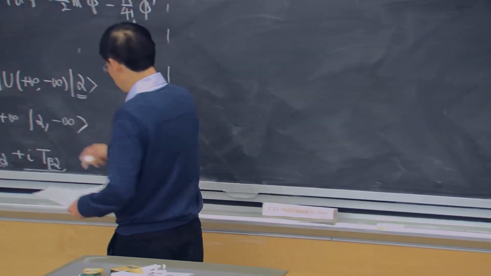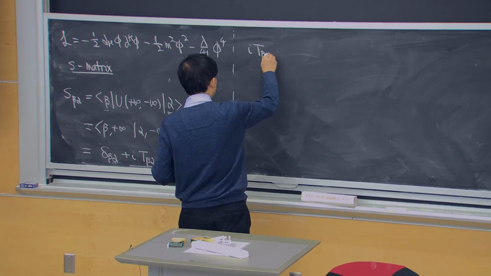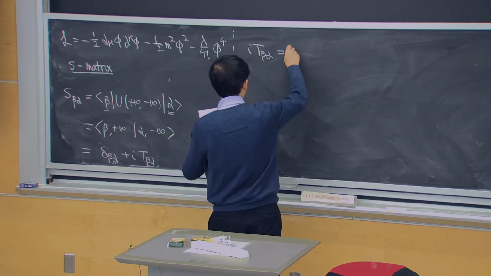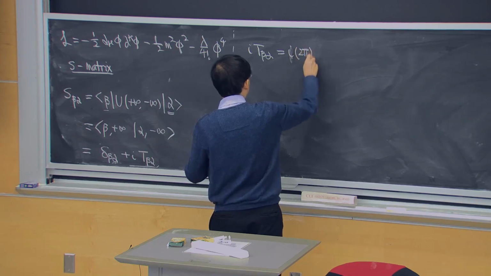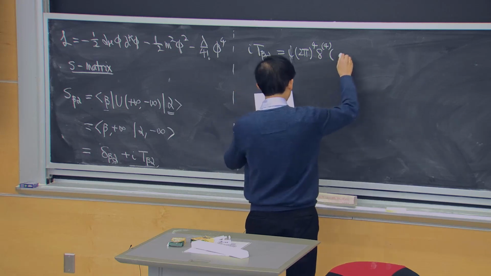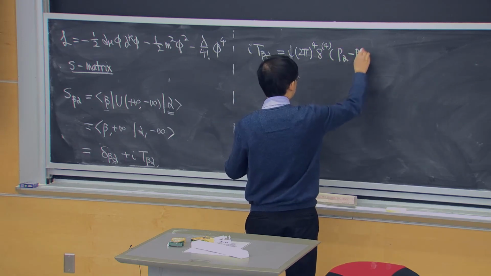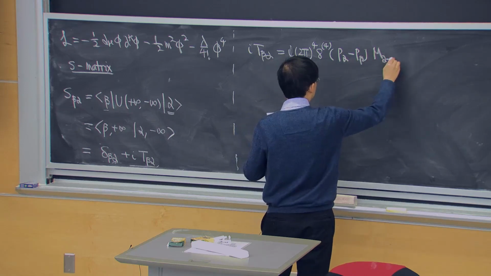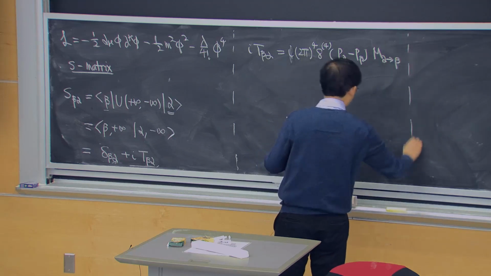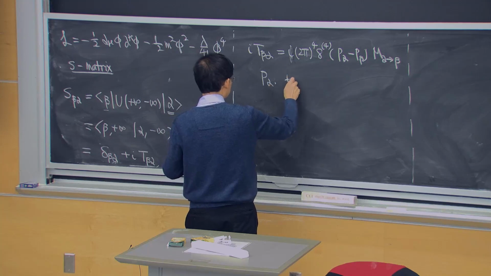And so iT beta alpha will always contain a piece proportional to a delta function, which gives you the momentum conservation. Here P alpha is the total initial momentum.